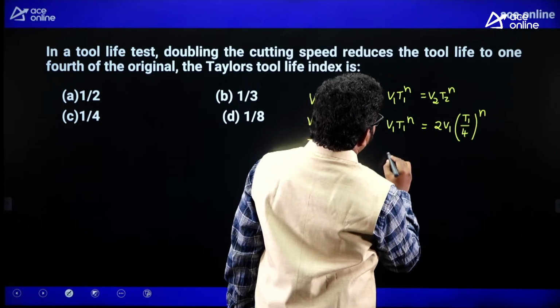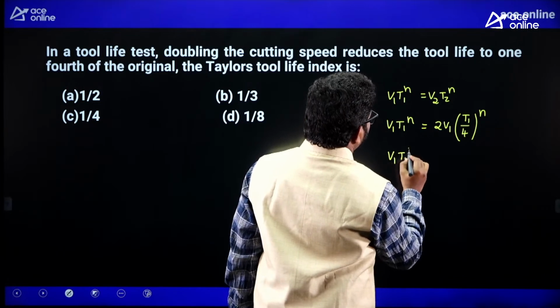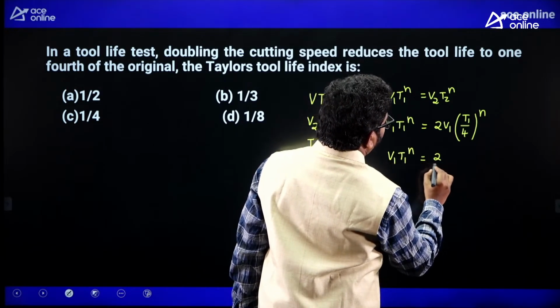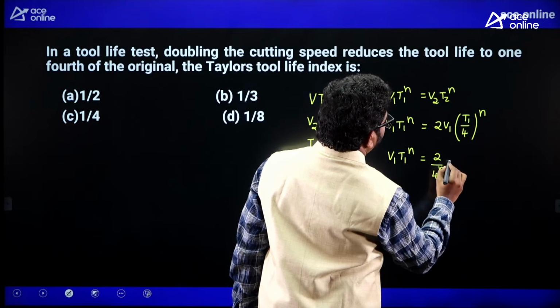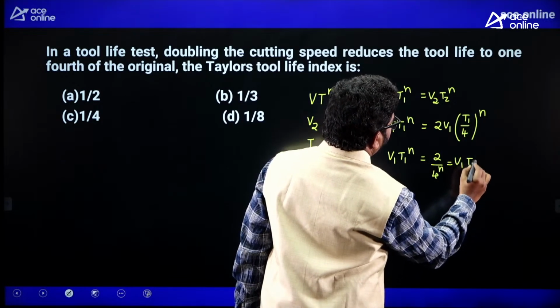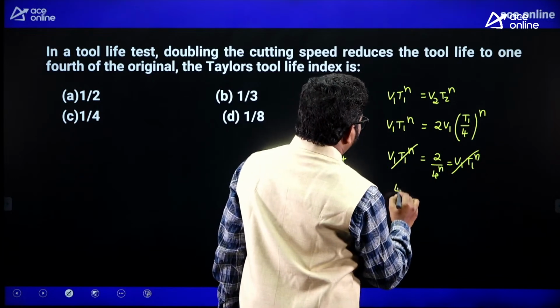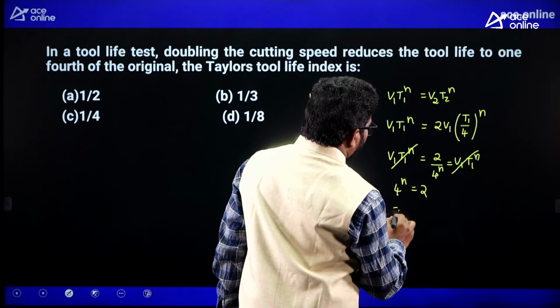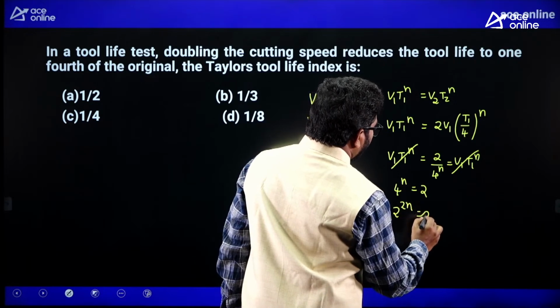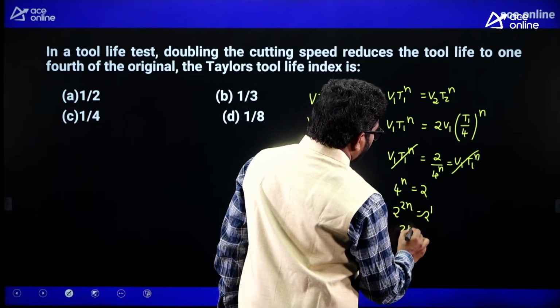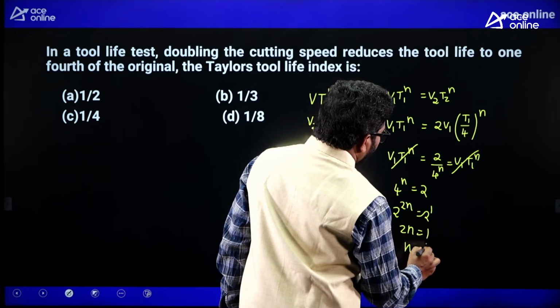Now we can write it as V1 T1^n is equal to 2 into (1 by 4)^n times V1 T1^n. This is cancelled out. So 4^n is equal to 2, 2^(2n) equal to 2^1. So 2n equal to 1, n equal to 1 by 2.